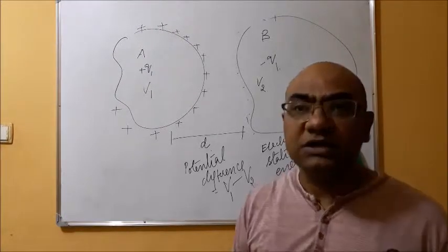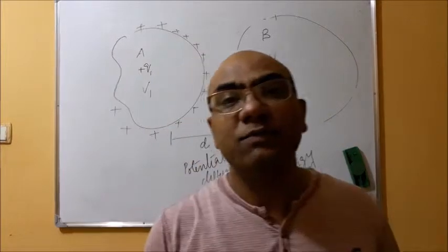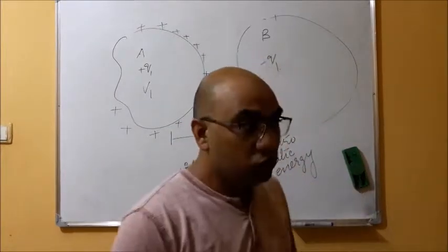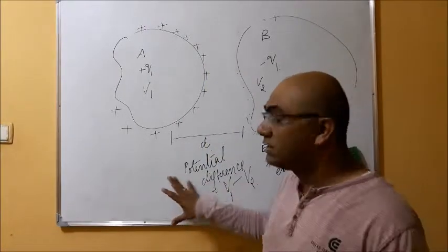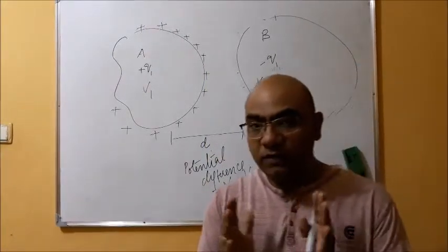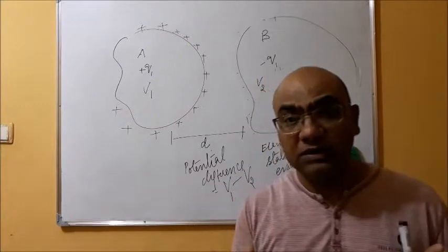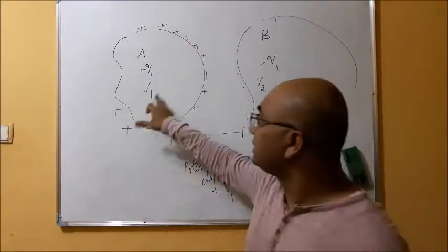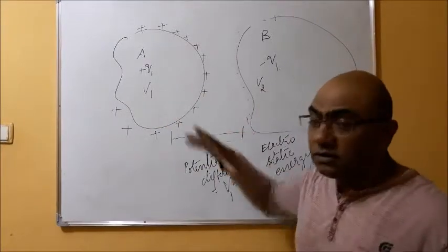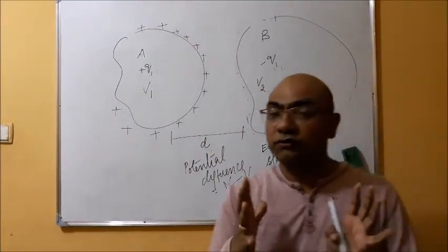And if we have such type of arrangement, then this body is called a capacitor. So we can again review our whole discussion: if we have two bodies or two conductors or two metal surfaces having equal and opposite charges, then they will store some kind of energy.